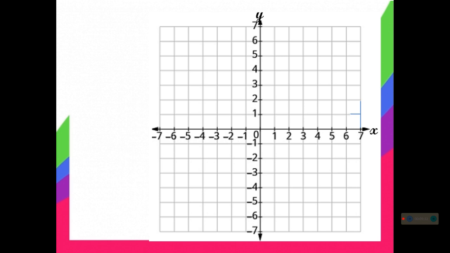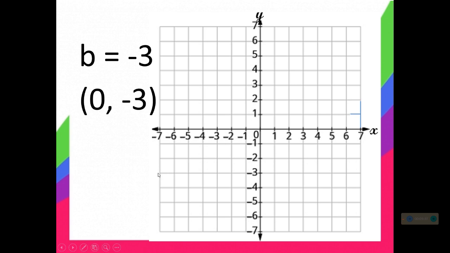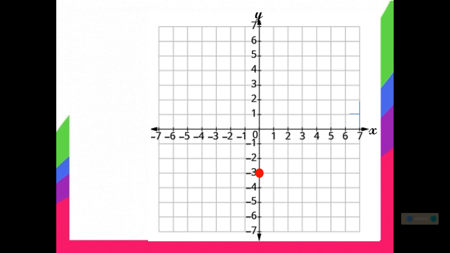You are going to plot our obtained point, our y-intercept rather. So we have here (0, negative 3), and you plot it here. Then, using the slope negative 3, we use negative 3 over 1. It means you are going to count downward 3 units: 1, 2, 3.